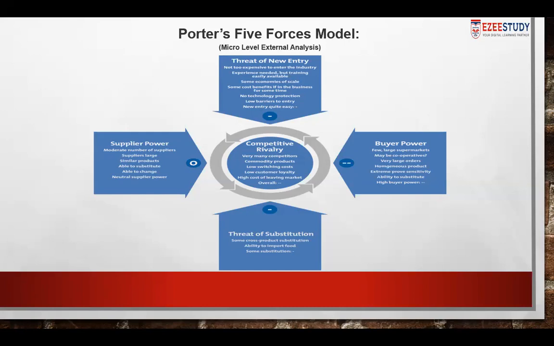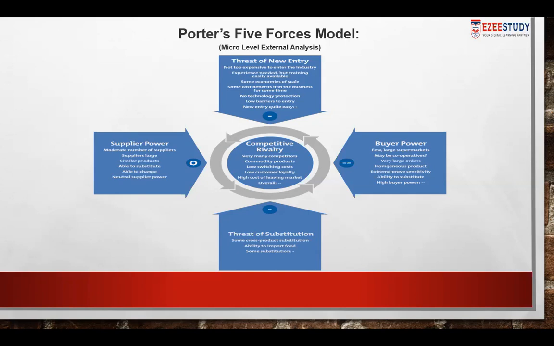of a new entrant. The second force will be the supplier. It's the supplier power. Now, if you are buying raw materials from supplier or suppliers, definitely there will be some level of power that those suppliers will be showing, especially with regards to pricing.